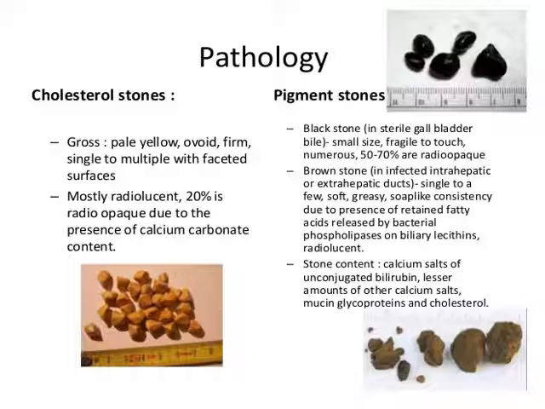These are also radiolucent. Stone content, calcium salts of unconjugated bilirubin, lesser amount of other calcium salts, mucin glycoprotein and cholesterols.